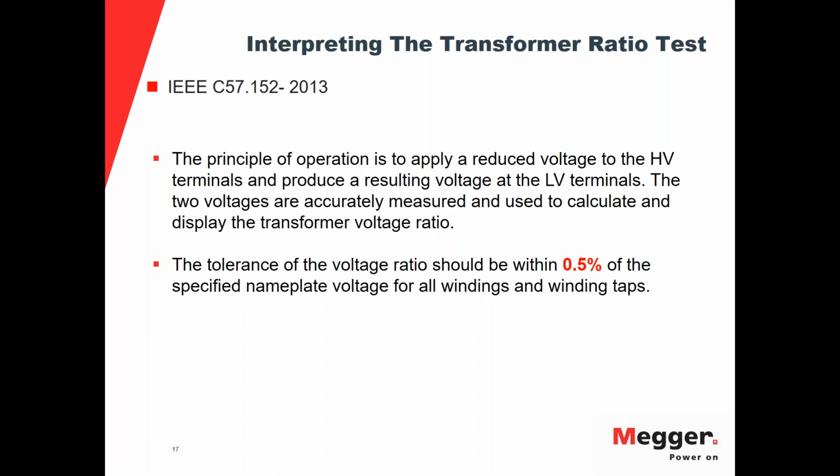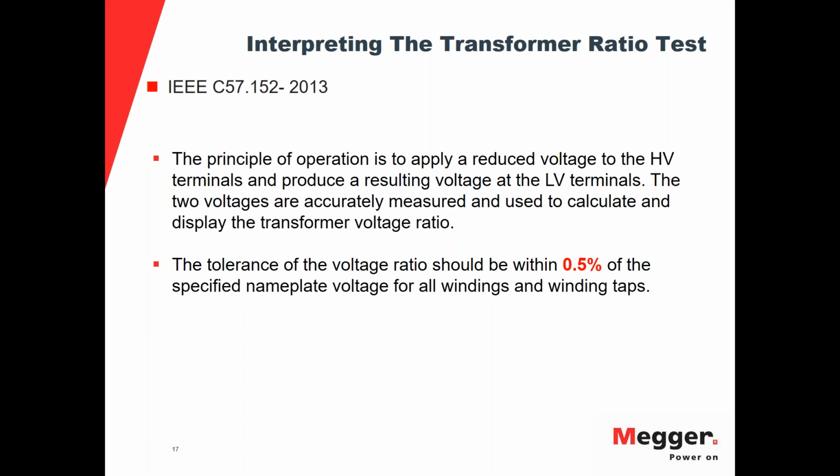A couple of notes here. There are some exceptions when it comes to the 0.5%. You may see that there are different ratios per phase, but as long as they're not outside the 0.5%, they shouldn't be discarded. Another one is LTCs, or on-load tap changers, also referred to as load tap changers.